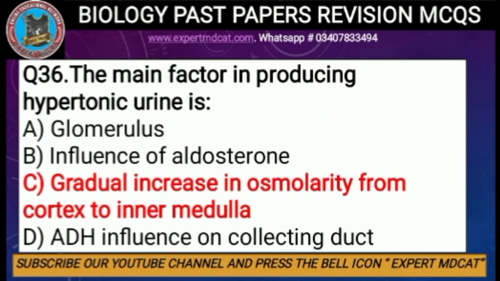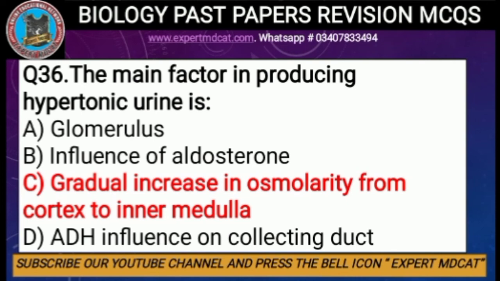Question number 36 is, the main factor in producing hypertonic urine is. Option A is glomerulus. Option B is influence of aldosterone. Option C is gradual increase in osmolarity from cortex to inner medulla. And option D is ADH influence in collecting duct.